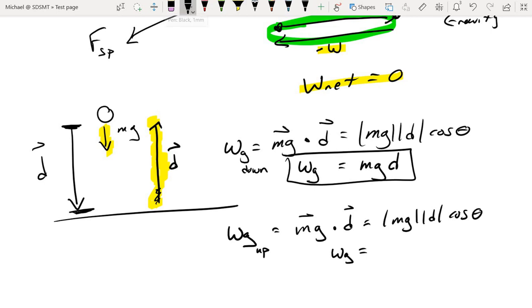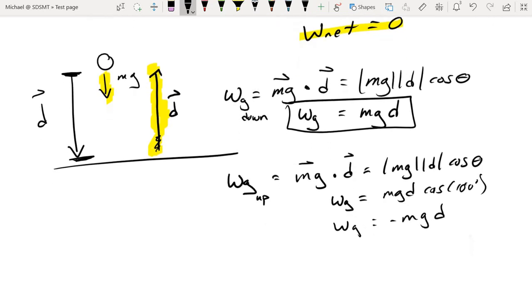So we actually have a cosine relationship of 180, and cosine 180 is equal to -1, so we actually have a negative mgd for work done by gravity as we pick it back up.